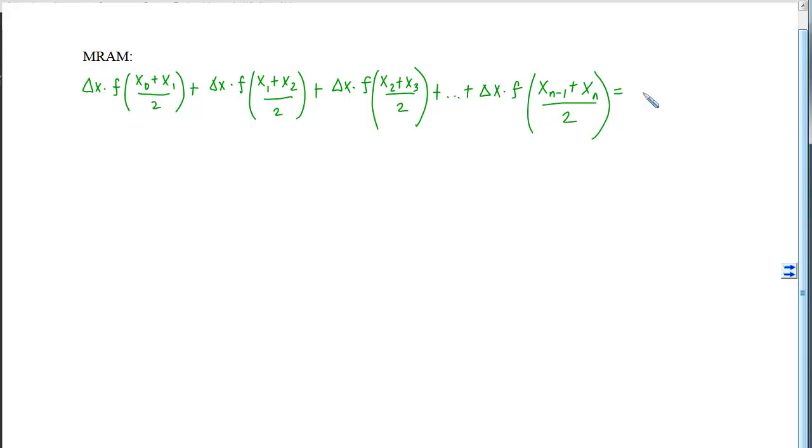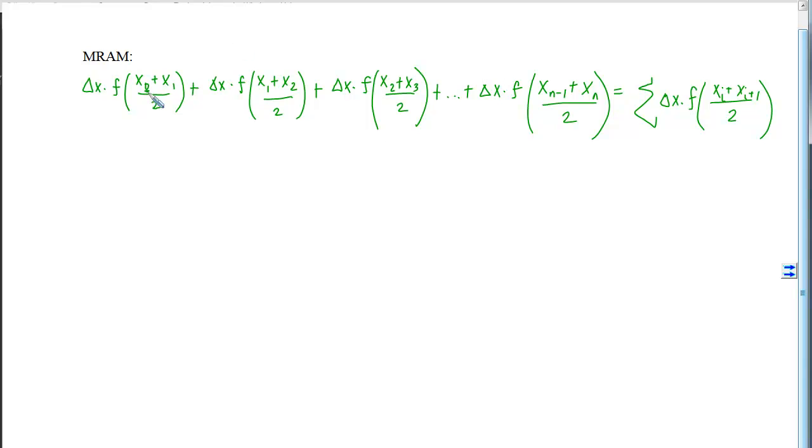We can condense that into a sigma notation by realizing delta x is in all of them, f is in all of them, dividing by 2 is in all of them, and if we choose to let this subscript be our i, then this next subscript will be i plus 1.